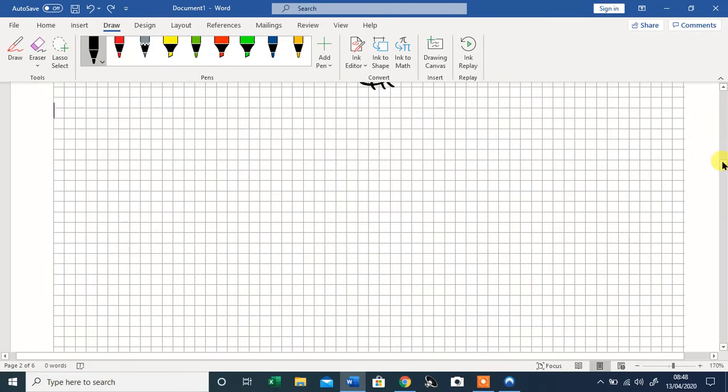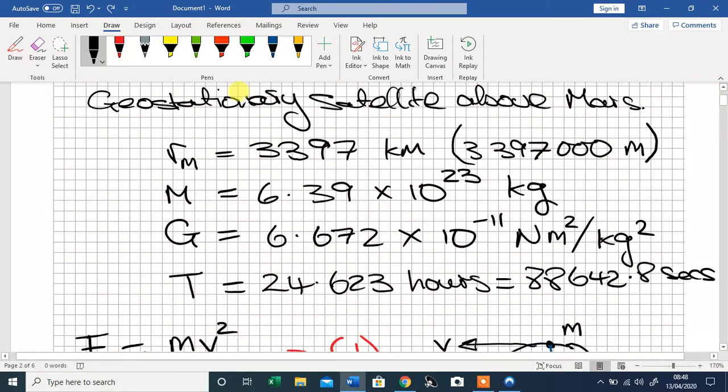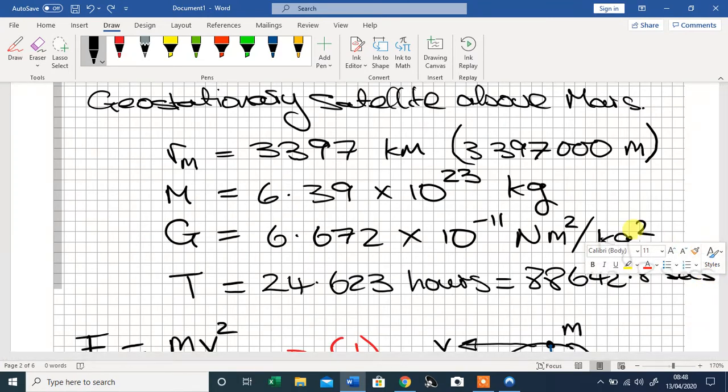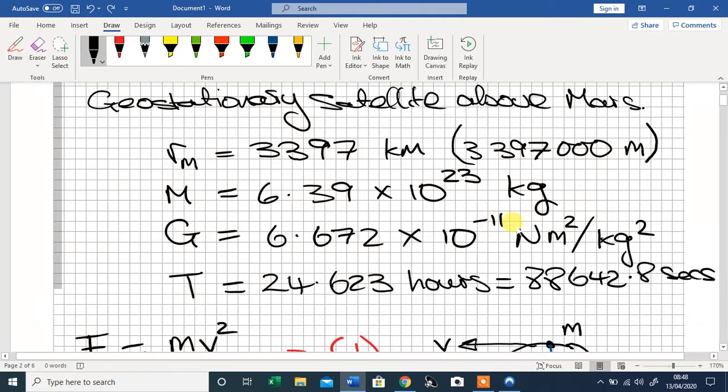Anyway, we know that G is 6.672 times 10 to the minus 11, and T is 24.623 hours. We convert that to seconds, because all of this is in SI units, newtons, meters, kilograms and seconds. And we know what M is as well, so M, G and T.